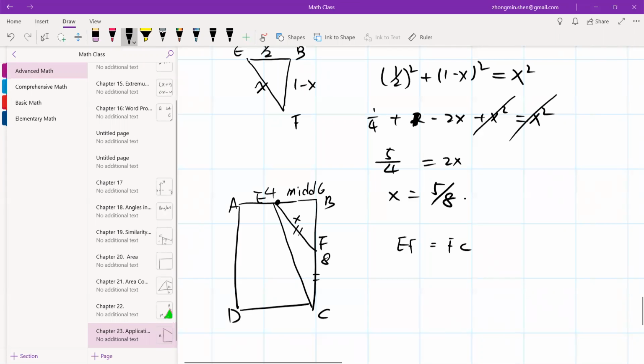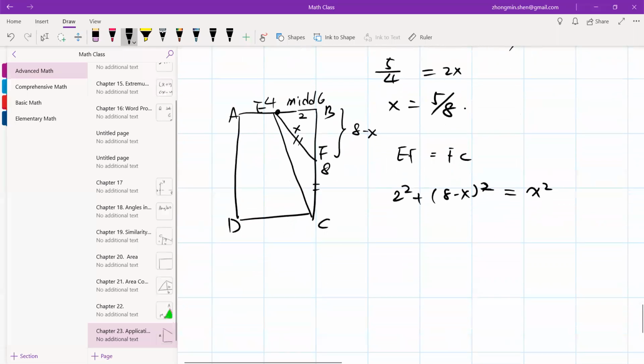Then the only difference here is this side is going to be 8 minus X. This side will be 2. So the equation will be 2 squared plus 8 minus X equals X squared. The idea is similar. So I'm not going to complete this problem.